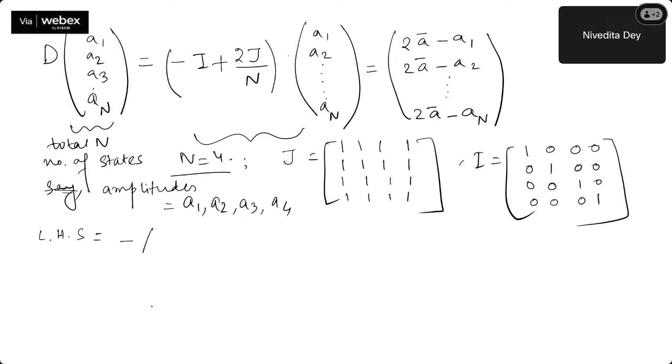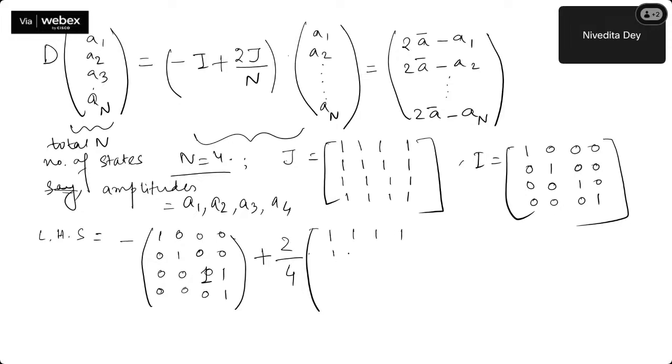So it's minus this thing, the identity matrix, plus 2 by 4, so it's half basically. Let me write 2 by 4 times J, which is this thing, all 1s.